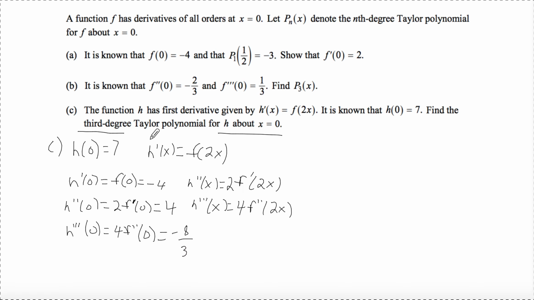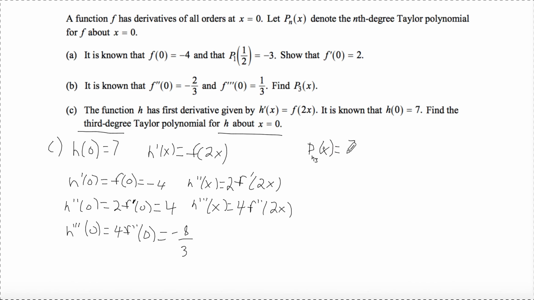So now I just need to put all this together because I want to find the third degree Taylor polynomial for h. So I can call this P sub H3 or something, however you want to call it, of x. Okay, let's put it together.